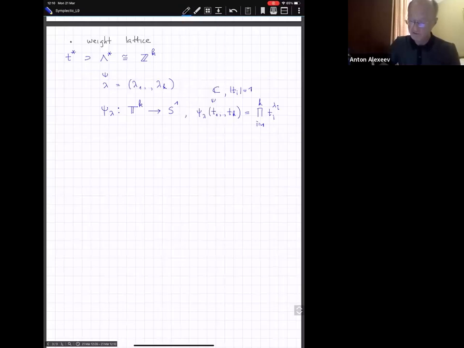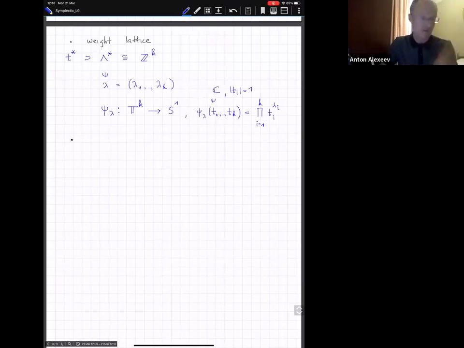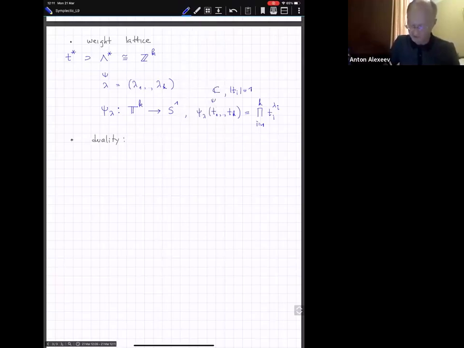Now, maybe an interesting remark. There is a duality between weight and coweight lattices. And this duality is taking values in Z. And how does it work?